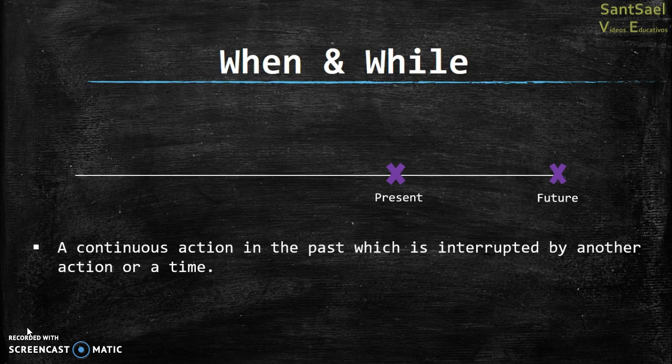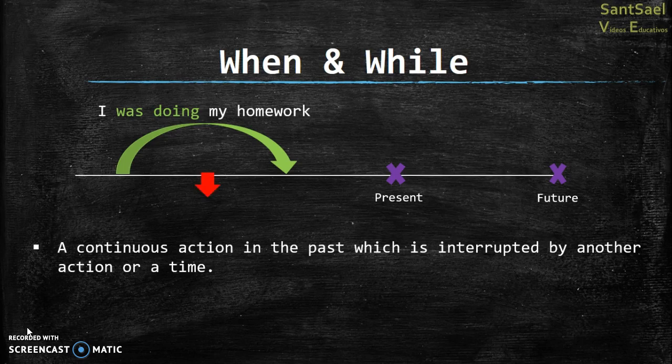Okay, so for example, we have an action that is I was doing my homework, and there is another action that stops, interrupts this action, that is that the telephone rang. Okay, so I was doing my homework is past continuous, and the past simple is the action that is in the middle of the past continuous. It stops the other action.